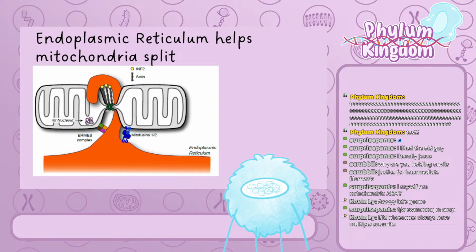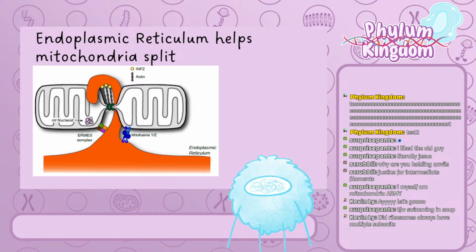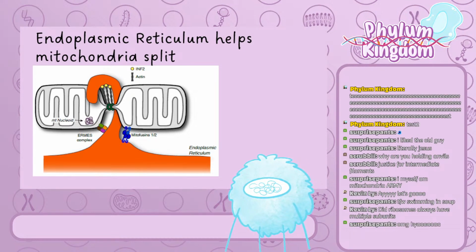So this is really surprising. I had no idea that the endoplasmic reticulum was doing stuff like this. So it turns out, and we'll talk about the mitochondria later, don't you fret, but it turns out the mitochondria actually need help to reproduce. So cells divide, and during that division, cells need to make copies of these organelles before they can split, right?